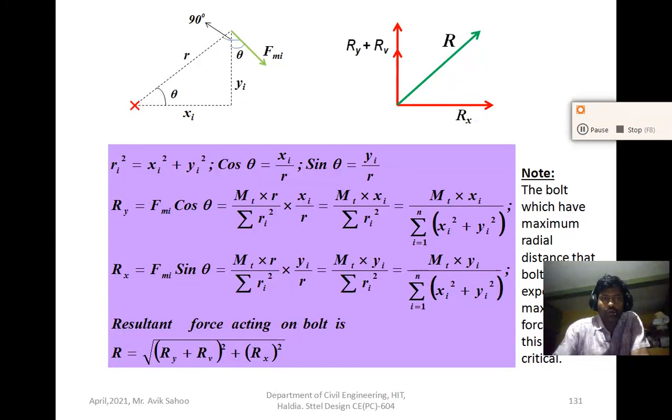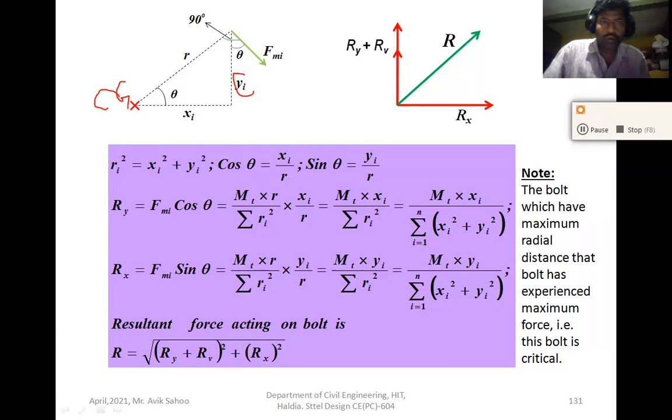Now we draw this, this is the CG point. Now this is R, the radial distance. This is the xi distance, meaning the horizontal distance, and this is the vertical distance, denoted by y. So now you see that x and y are the horizontal and vertical distances of R. And here the bending force is acting perpendicular to the radial axis.